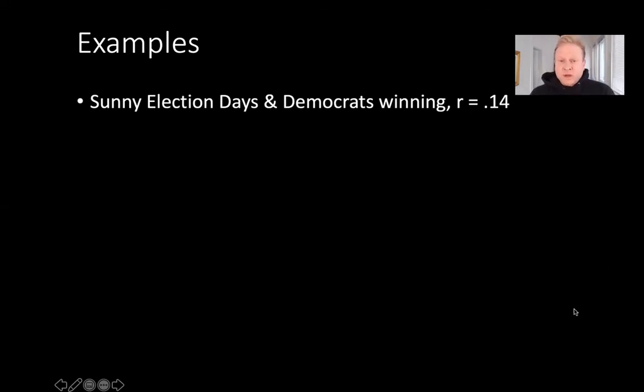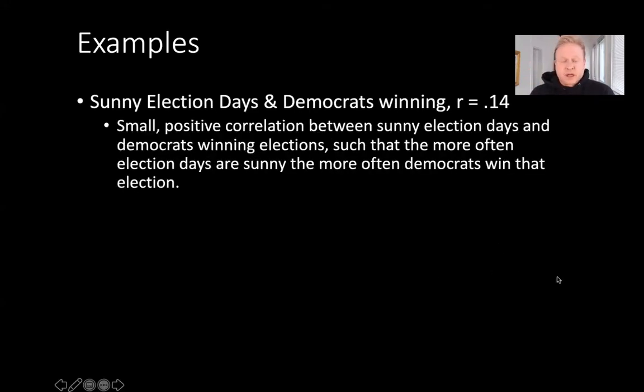It's actually a rather weak correlation, which means with sunny days and Democrats winning, you probably can't make many conclusions about that. There's not much of a correlation there. So it would be called a small positive correlation between sunny election days and Democrats winning elections, such that the more often election days are sunny, the more often Democrats win that election.